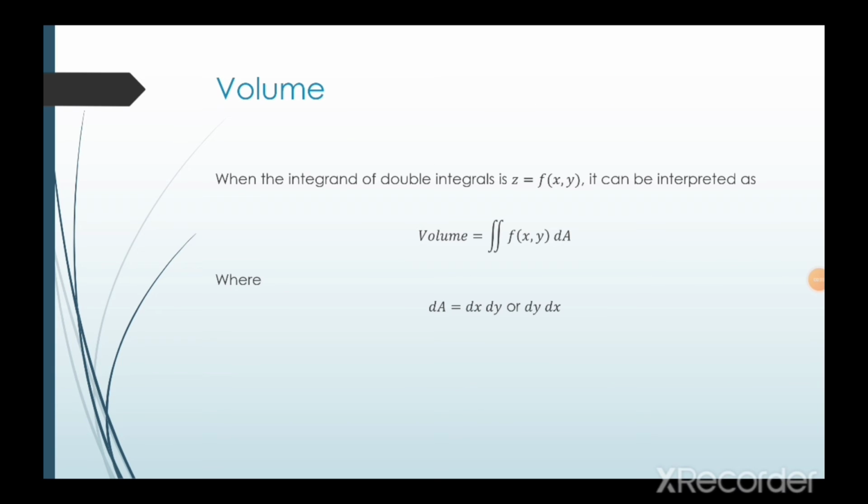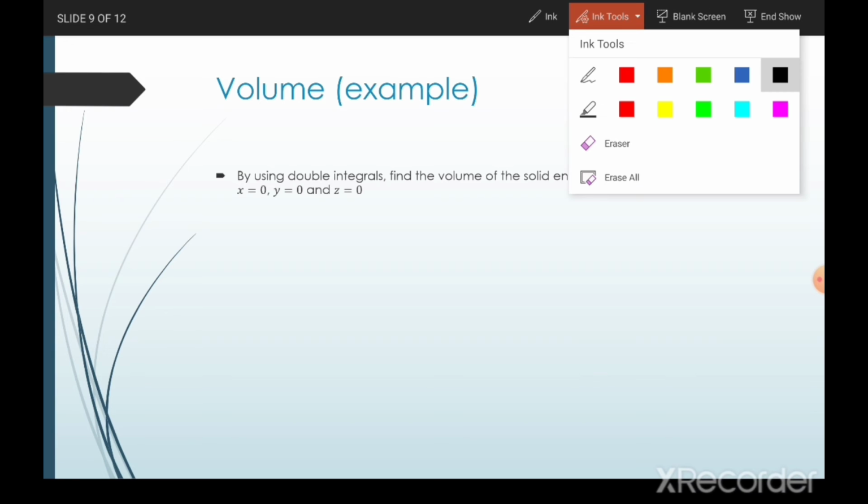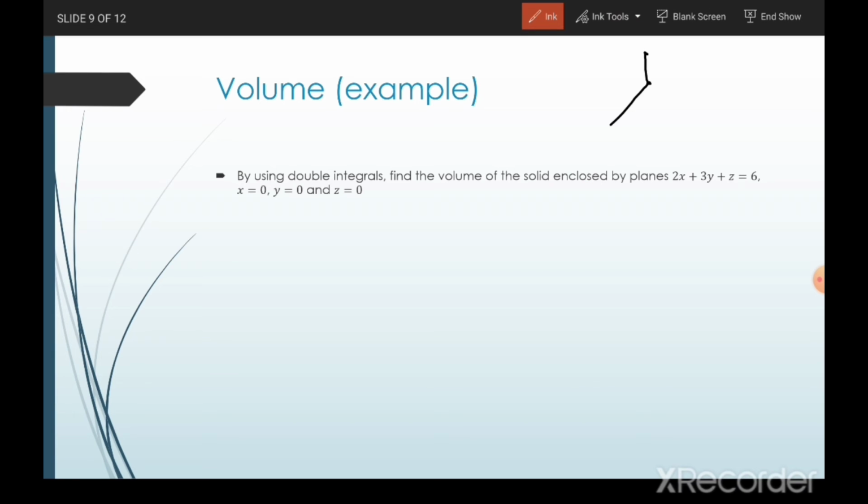Okay, this is how to calculate the volume. For volume it is double integral of the function dA. That is the example. So by using double integral, find the volume of solid enclosed by plane. Okay, so here is the plane.